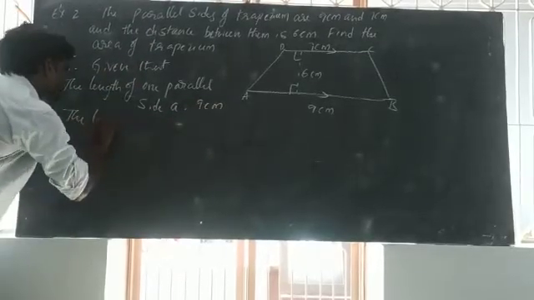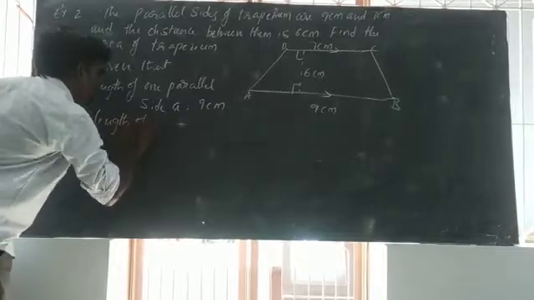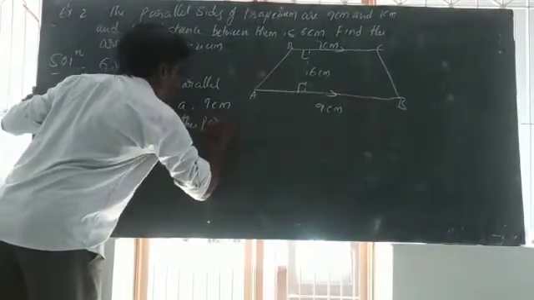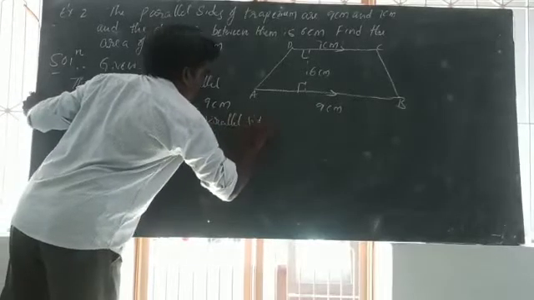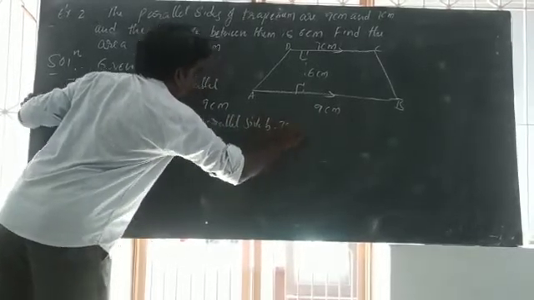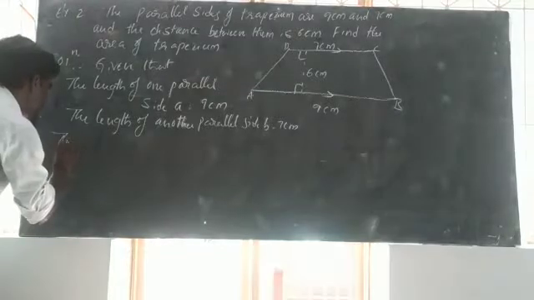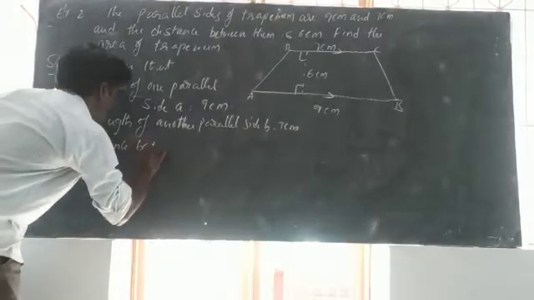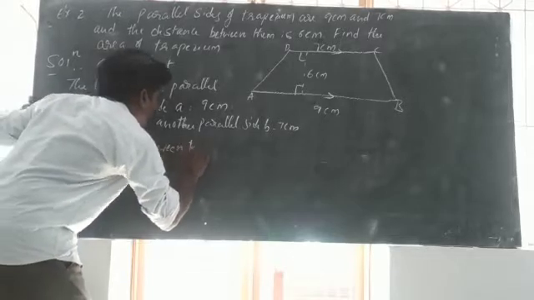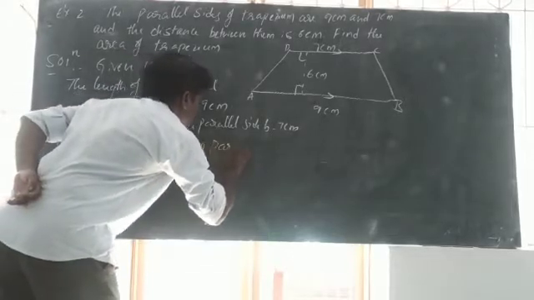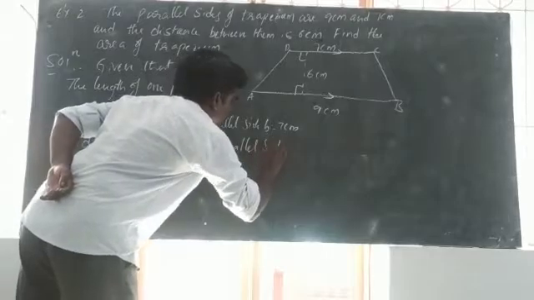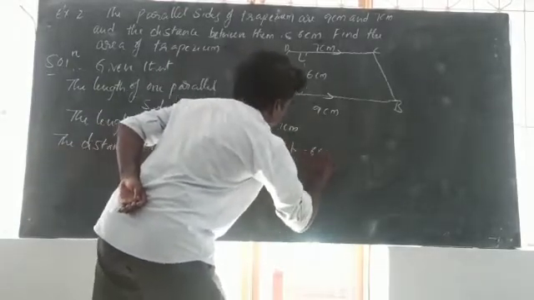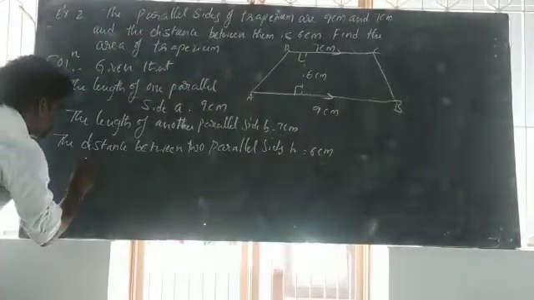The length of another parallel side, b, is equal to 7 centimeter, and also given that the distance between the two parallel sides, that is h, is equal to 6 centimeter. Now find the area of the trapezium.